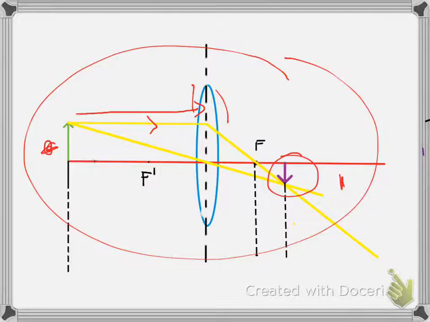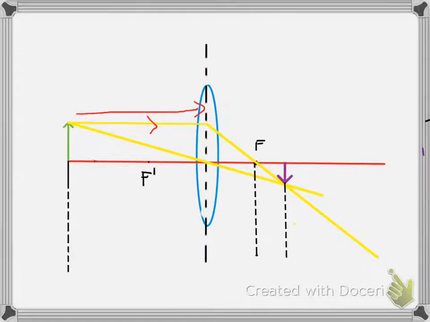This is all based on similar triangles. So the similar triangles that we would be concerned with is, you would look at, say, this triangle here. That triangle is similar to the triangle that's right next to it.